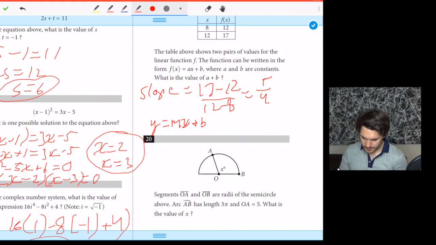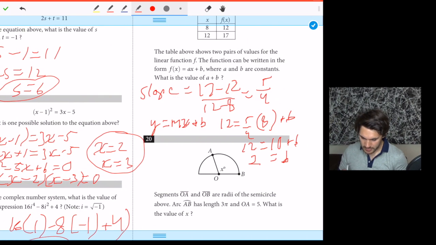So let's use the first one. So 12 equals 5 over 4 times 8 plus b, because b is our y-intercept, our missing value. So 12 equals 5 times 8 divided by 4, which is 10, plus b. So b equals 12 minus 10, which is 2.